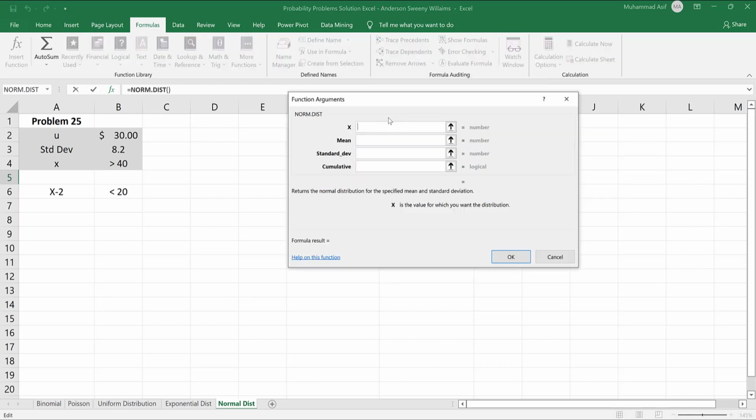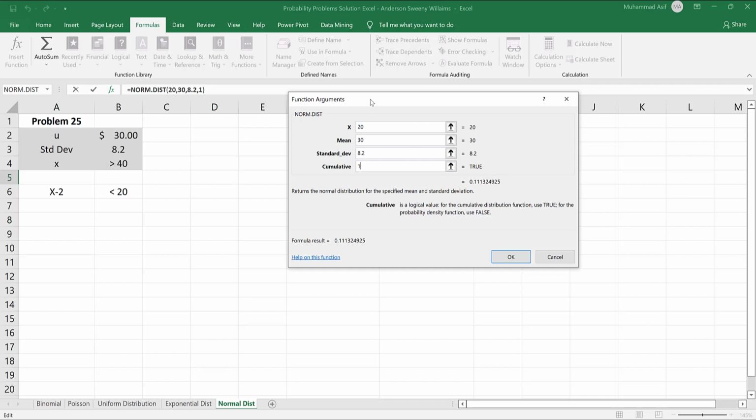Now x will become 20, mean is 30, and standard deviation is 8.2. Is it cumulative? Yes, so I can enter either 1 or true, and you see it gives 11.13%, and that's the cumulative probability.